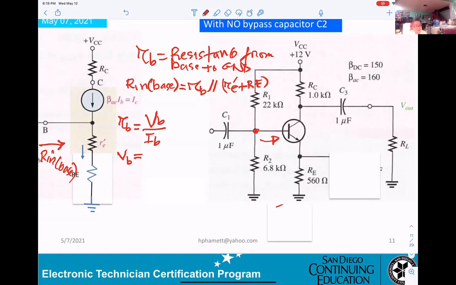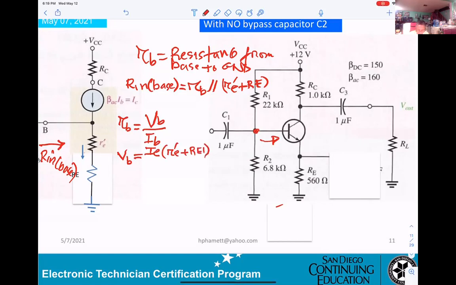So they will be equal to the voltage across R prime E plus the voltage from the current going through R big E. So they can be equal IE times R prime E plus RE1.